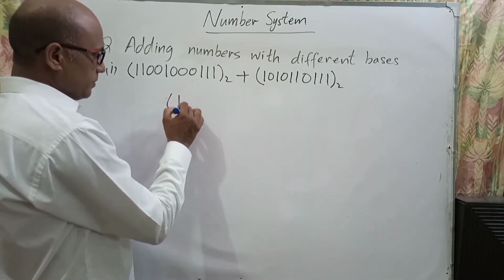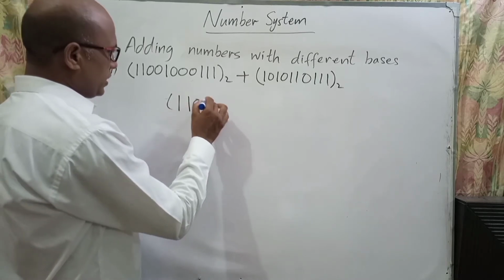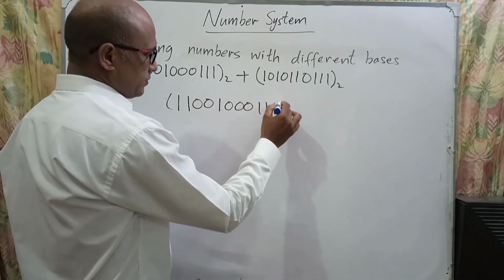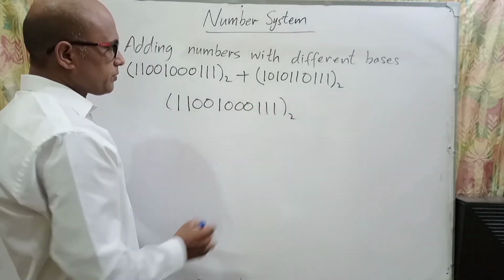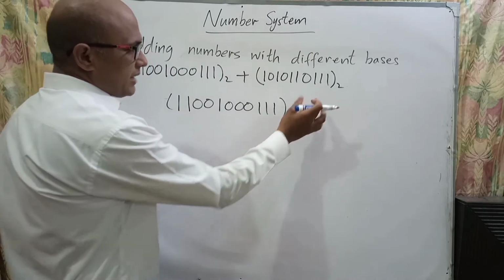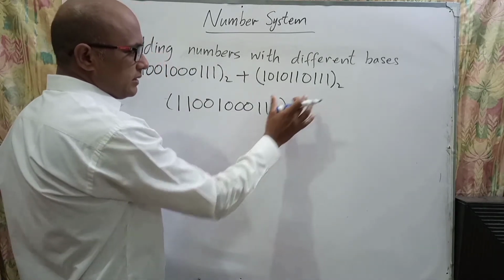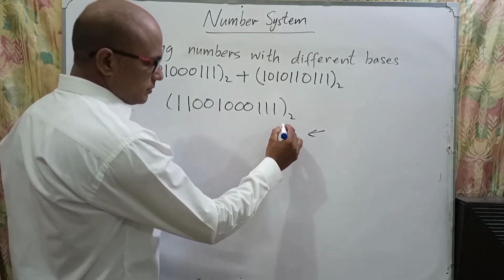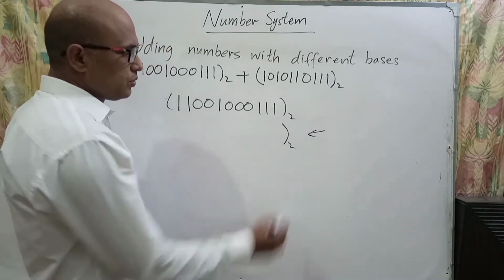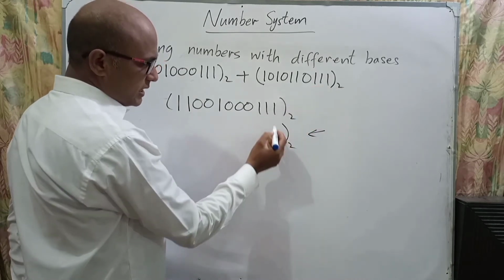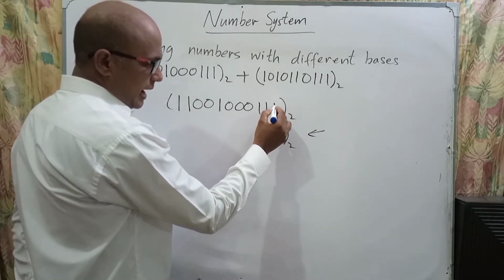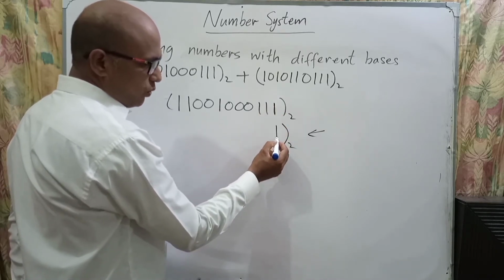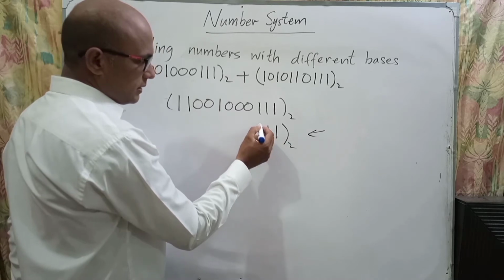So, let's add them. 1, 1, 0, 0, 1, 0, 0, 1, 1 with base 2. We'll write the second number starting from the right hand side. Base 2 will start from the first number and we'll write it right under the above first number. 1, 1 and 1.